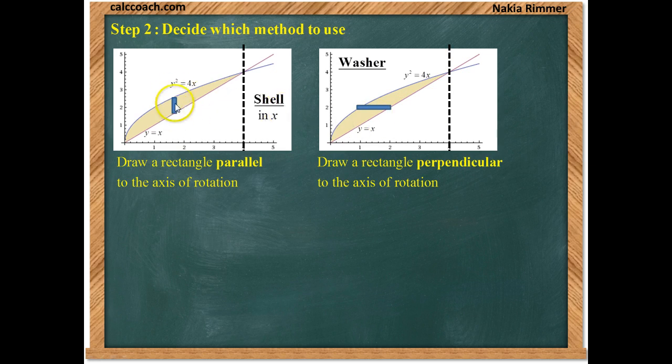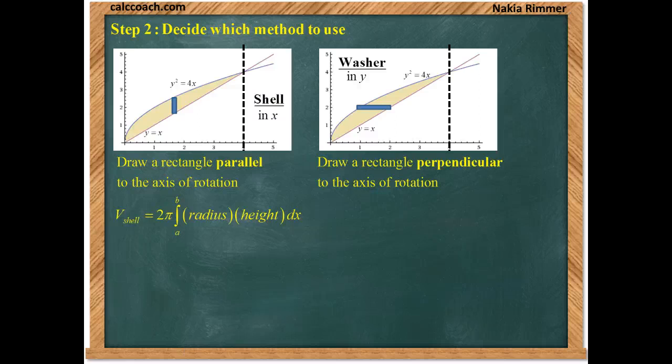This rectangle for shell is a vertical rectangle that's moved to the right, so it's going to be in x. For washer, this is a horizontal rectangle that's moved upward, so it's going to be in y. Let's take a look at shell, and then we'll also set up washer, and we'll pick one to do. The formula for the volume with shell is 2 pi times the integral from a to b of the radius times the height.